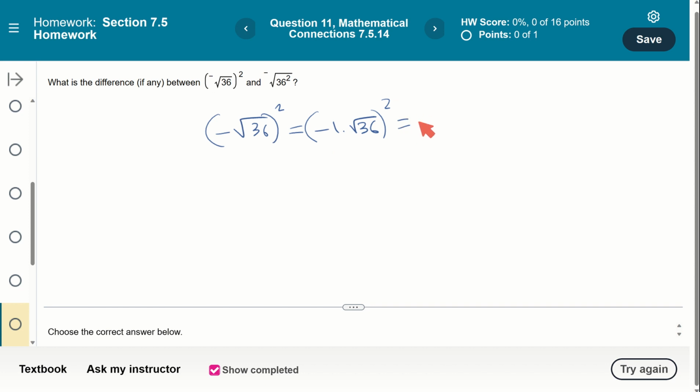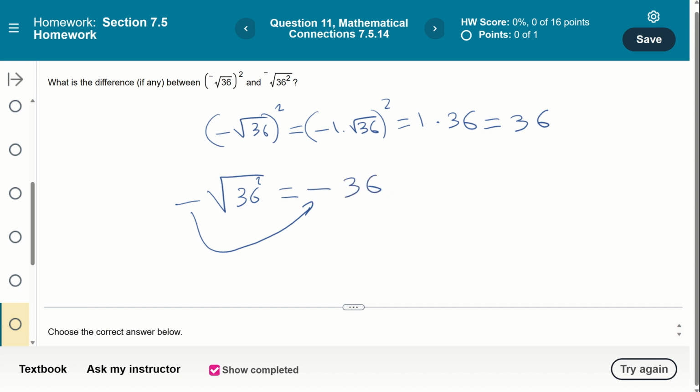So negative 1 squared is just going to be 1, and square root of 36 squared is just 36. So the result is going to be what? Positive 36. But with the second one, which is negative square root of 36 squared, notice this negative is just going to carry, because it's not being squared or anything. So the result is going to be negative 36.